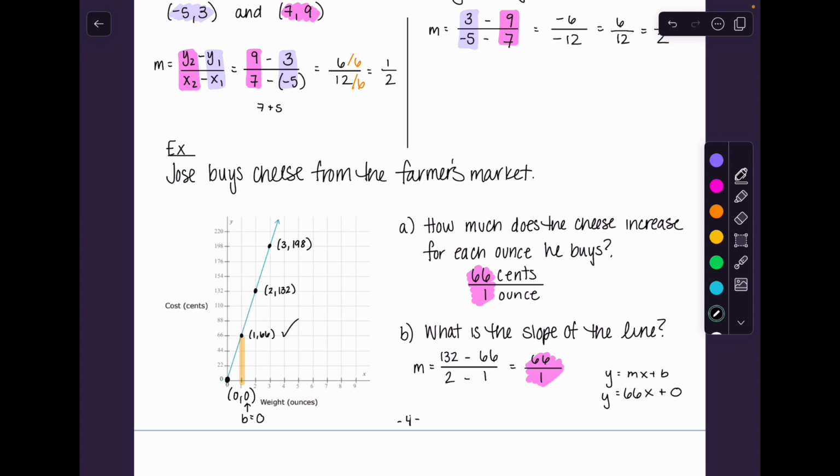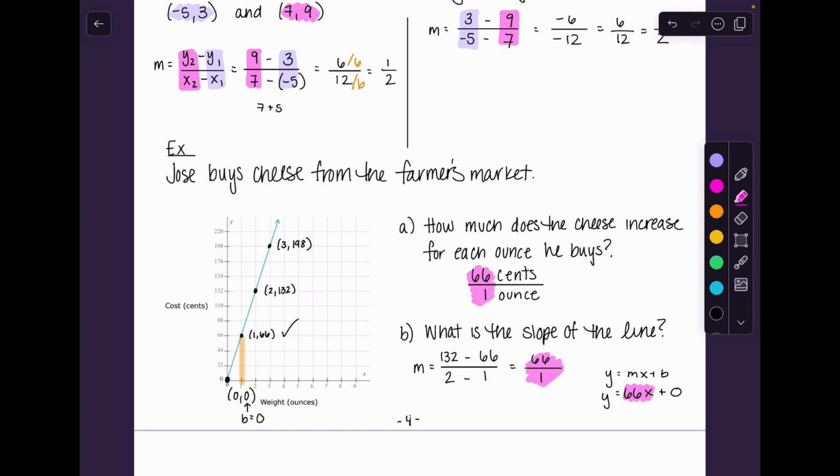And again, this is what we will end with throughout the semester. We're going to go through, if I have points or if I have the slope, if I have all these different components, how can I come up with this equation y equals mx plus b to represent the situation? Because this works a little bit nicer. If I now buy 10 ounces of cheese, I just plug in x is 10.